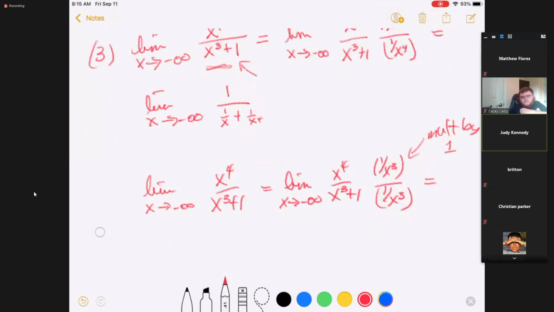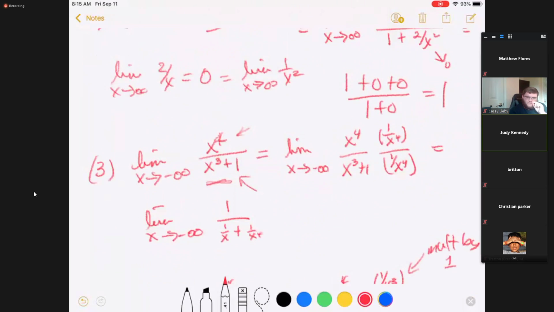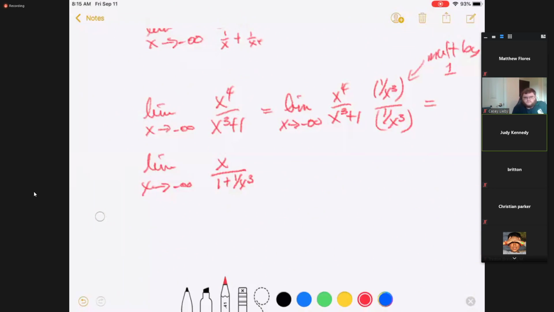If I try 1 over x cubed over 1 over x cubed, multiplying that by the original expression, that's going to give me x over 1 plus 1 over x cubed. Either one works actually, but what's happening here?